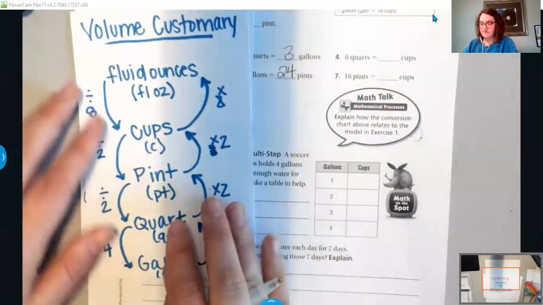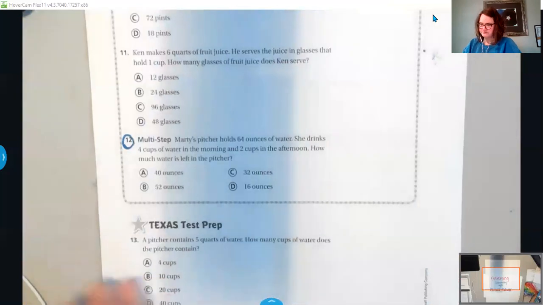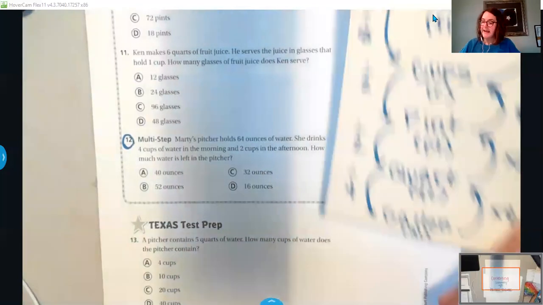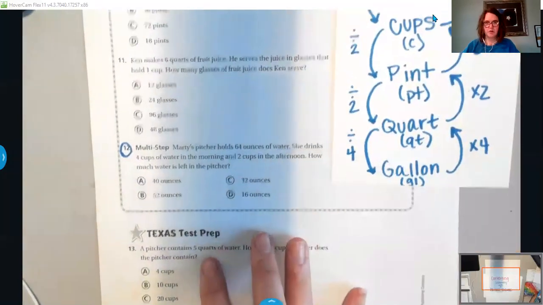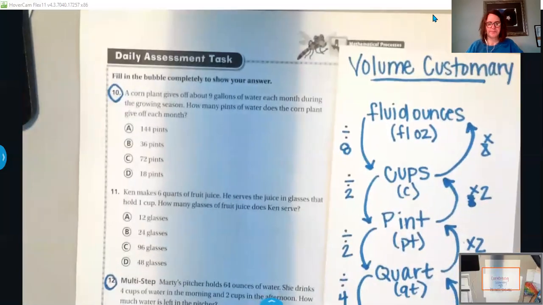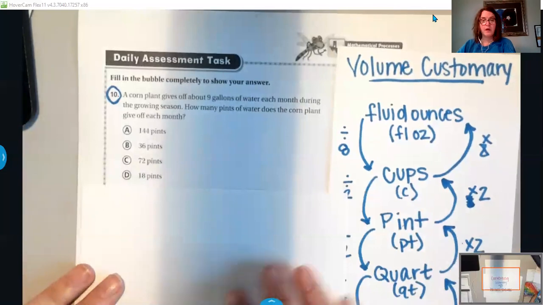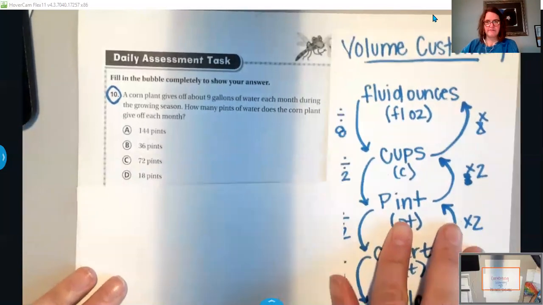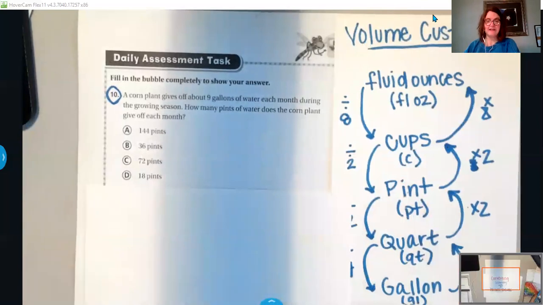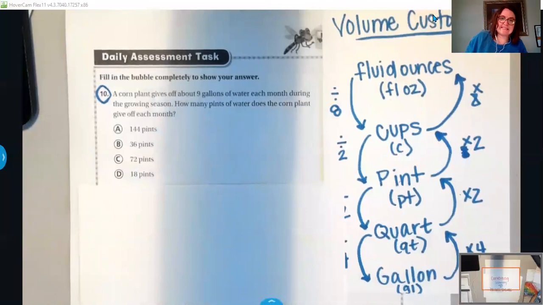All right, let's move on to some more problems. All right, a corn plant. A corn plant gives off about 9 gallons of water each month during the growing season.